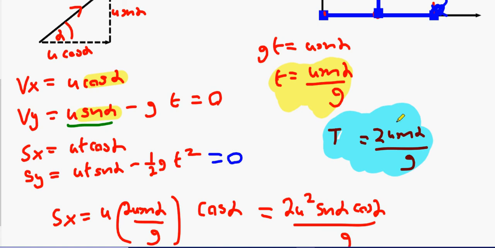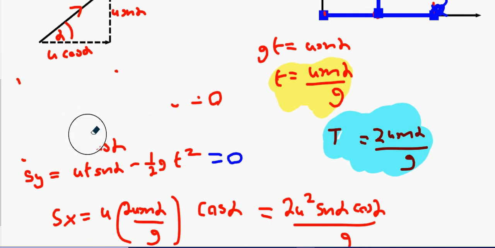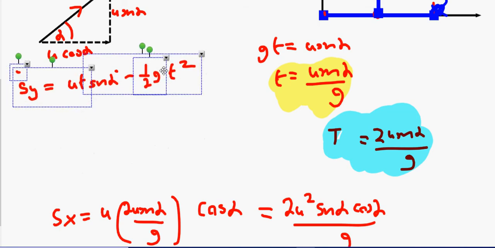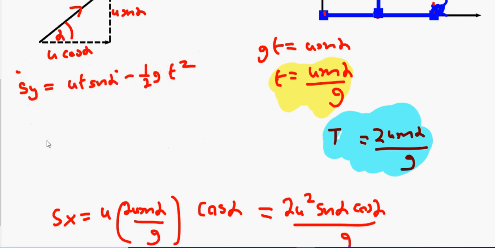Now, next question is, how do I get Sy? How do I get the maximum height? What do I do now? Sub into Sy, because Sy is vertical, okay? So we're going to sub into Sy. Sy is what, guys?